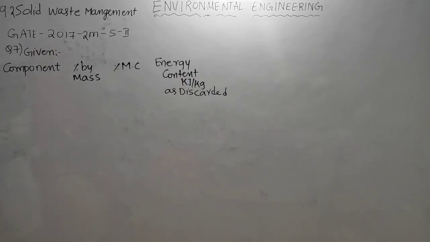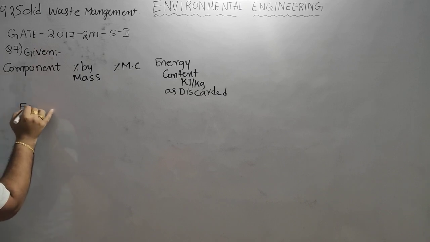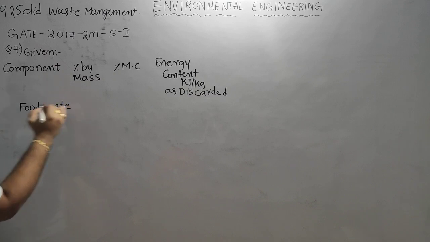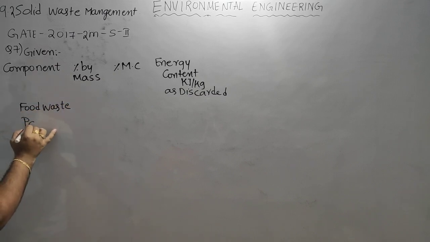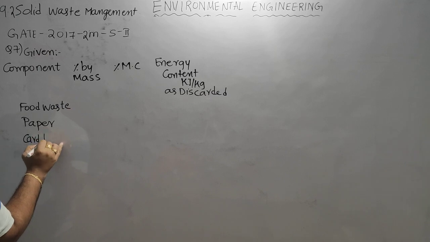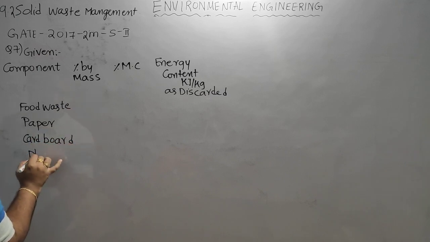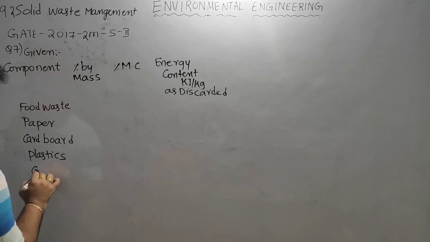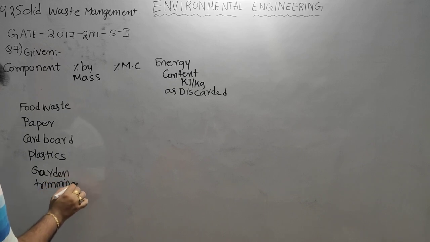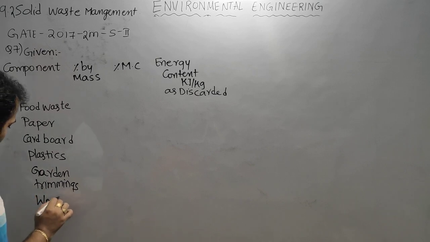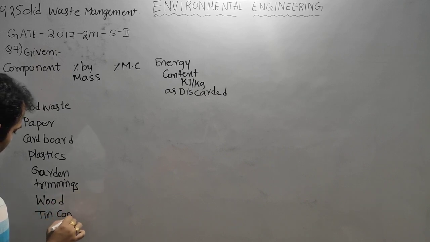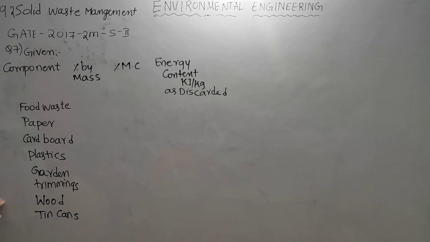The components are food waste, paper, cardboard, plastics, garden trimmings, wood and tin cans. So these are the different components present inside the solid waste.